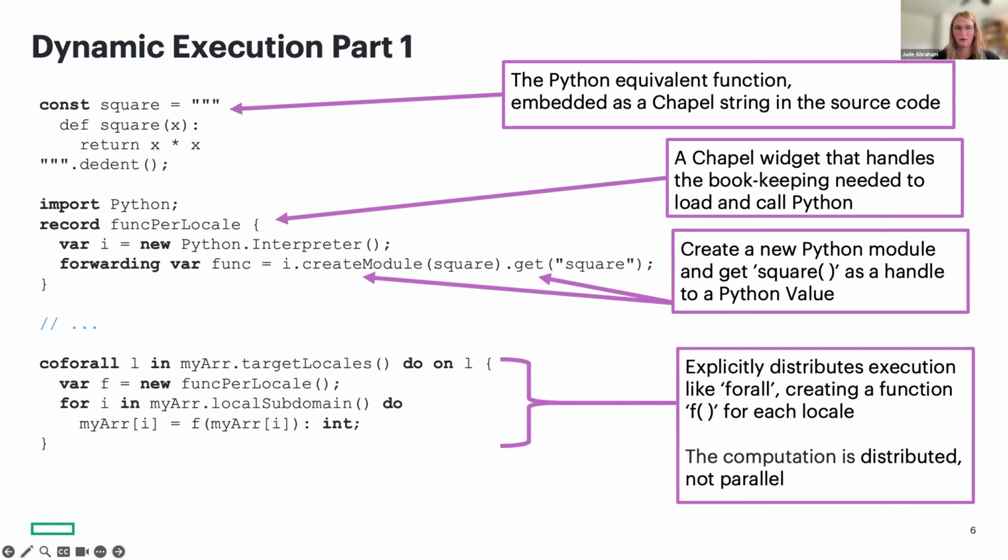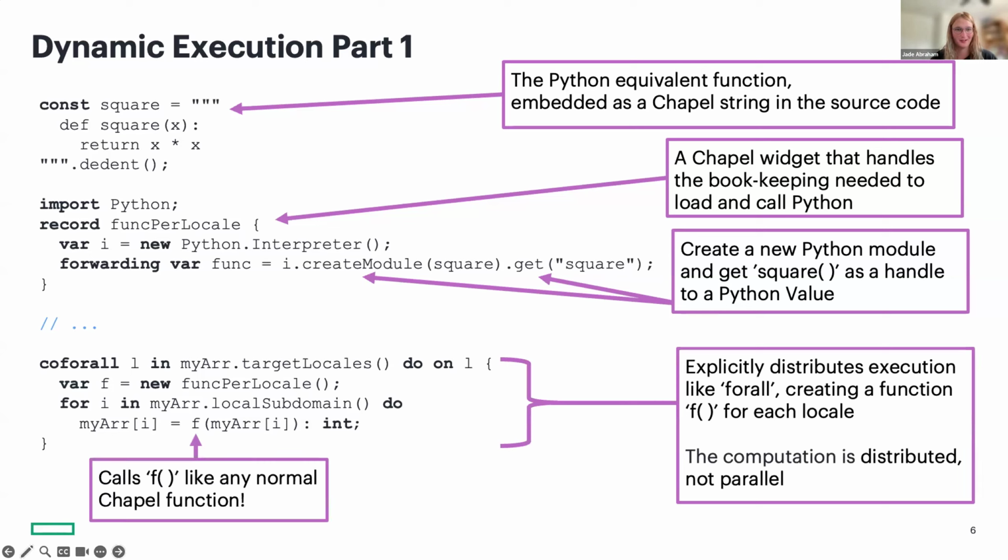Inside the coforall, we'll create that func per locale. This is going to give us distributed computation, but not quite parallel. We'll discuss why it's not parallel in a little bit. Thank you, Python and the GIL. But we can call f like any normal function. Just like before, instead of calling square, we're calling f.